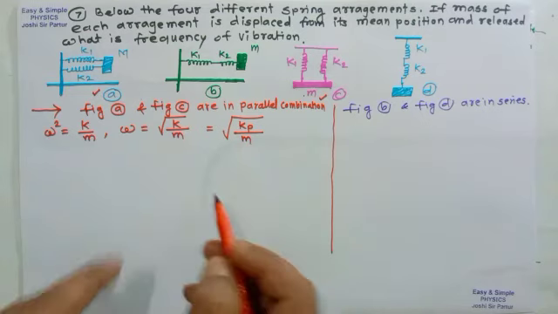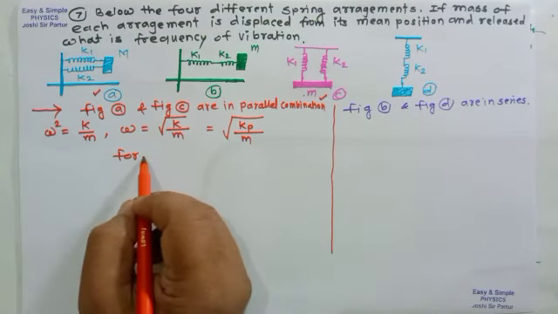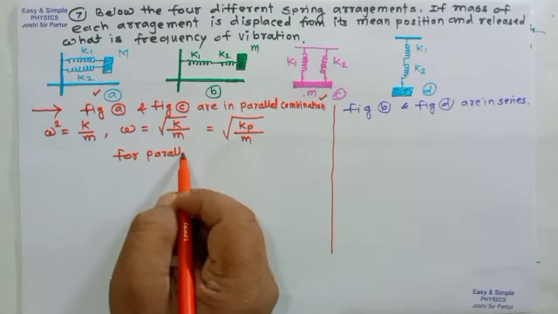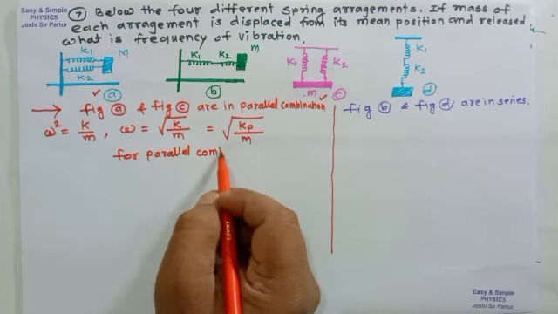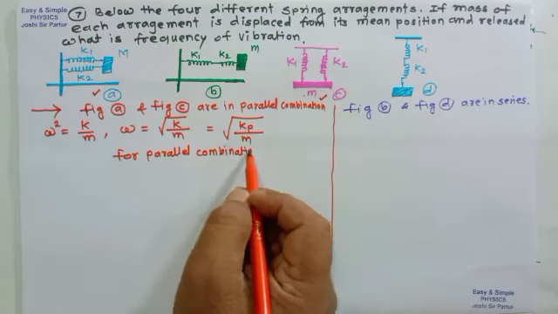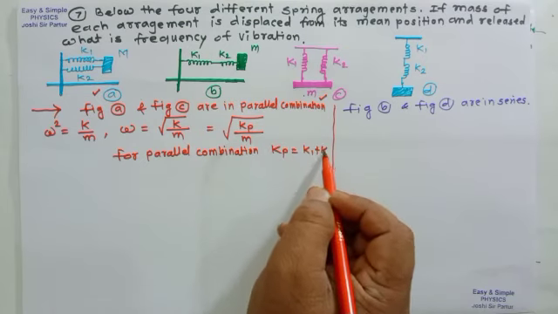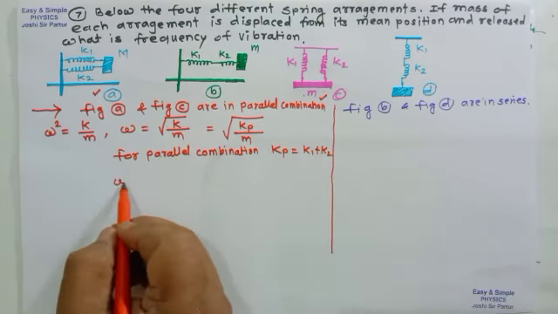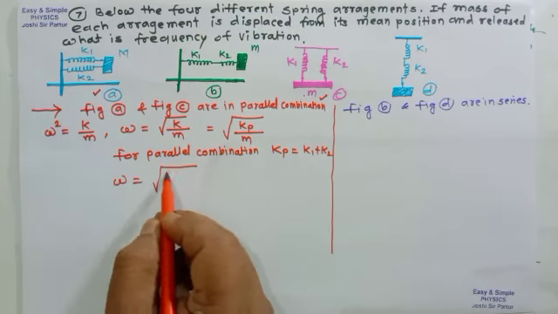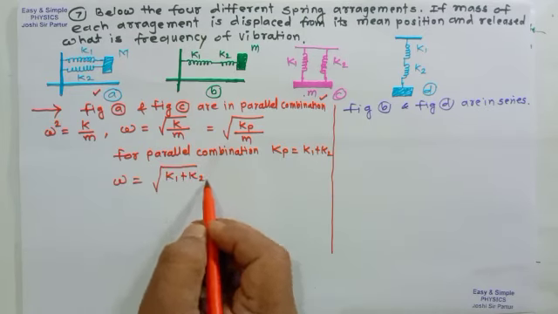So we know that for parallel combination, Kp is K1 plus K2. So here omega becomes square root of (K1 plus K2) upon m.